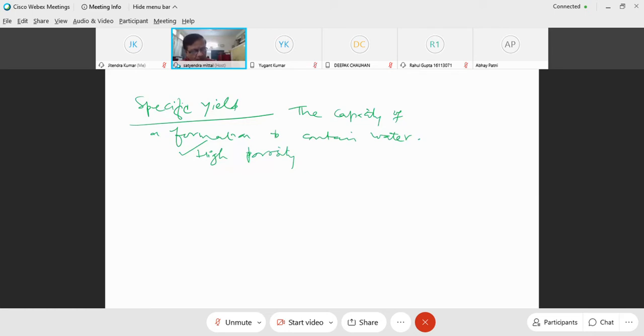So, high porosity does not indicate large quantity of water always. We should remember.